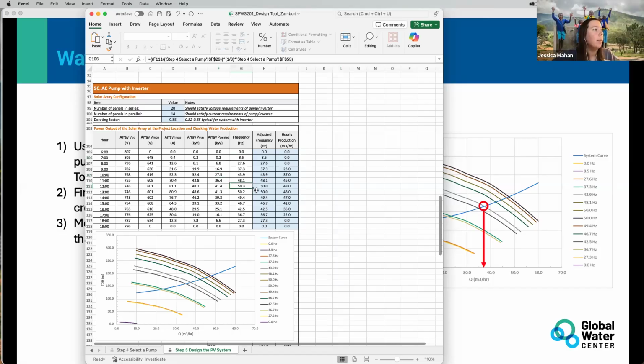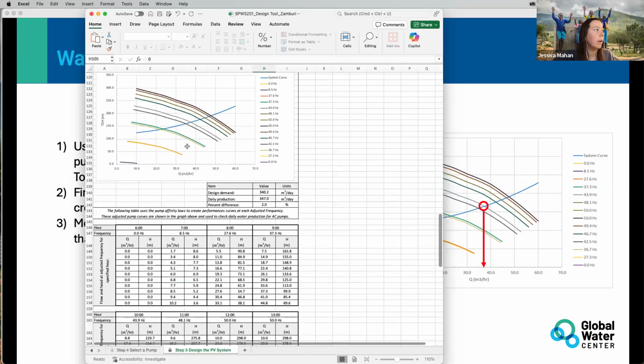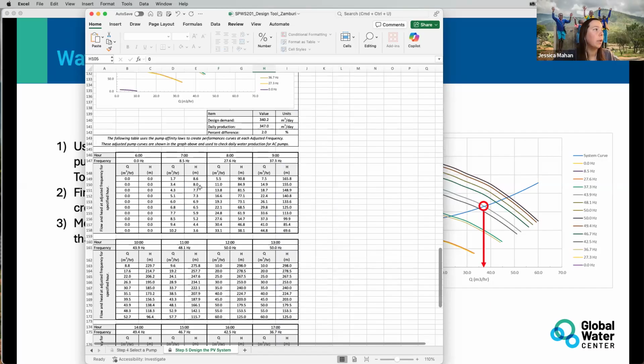We do have to adjust sometimes if they exceed 50 in this case, which is our top range from our pump manufacturer. So you might have to bump those down to 50. But then these values all get pulled down here, and that's what we're using then to get flow and head.